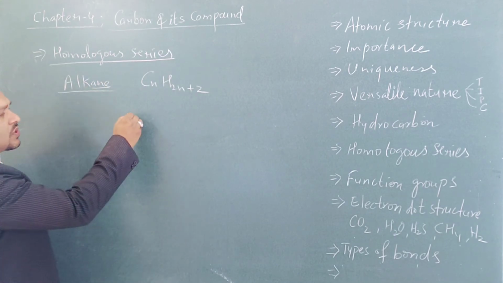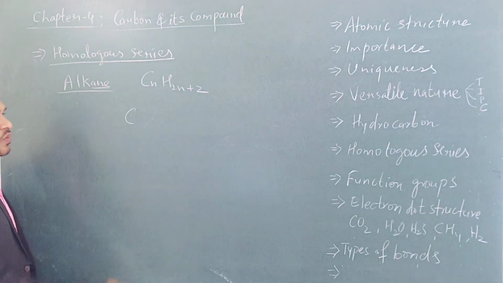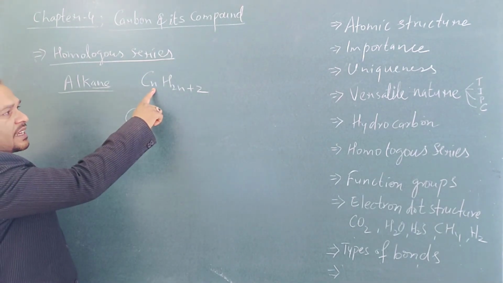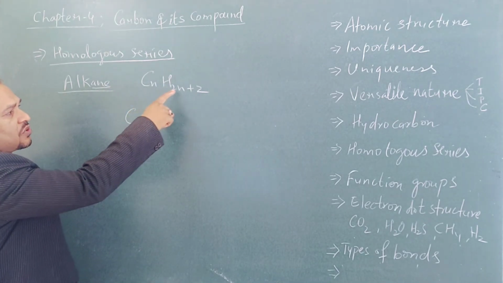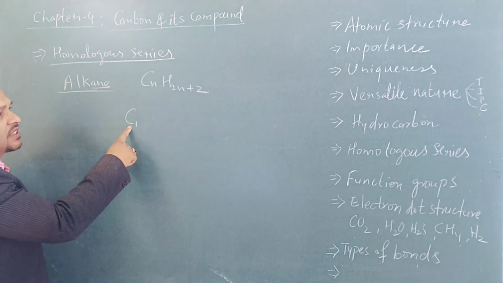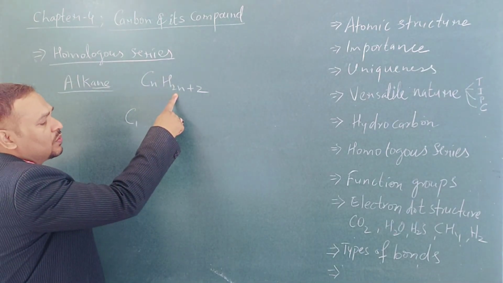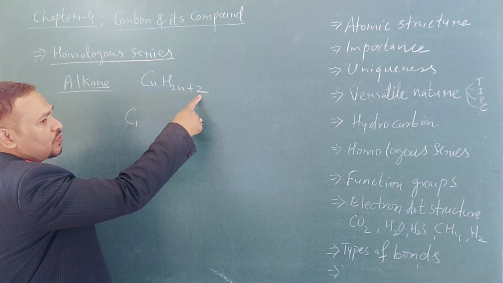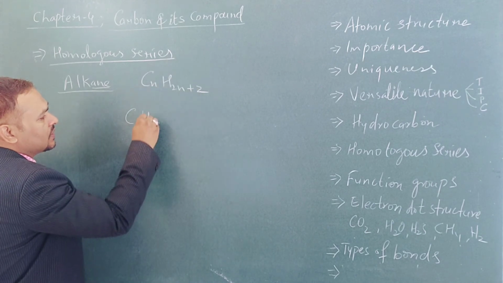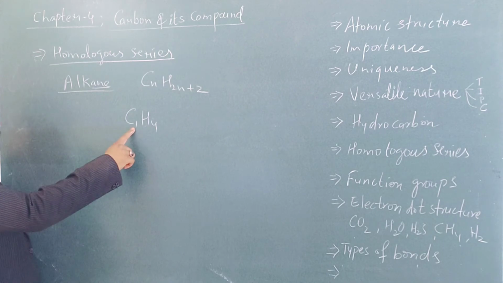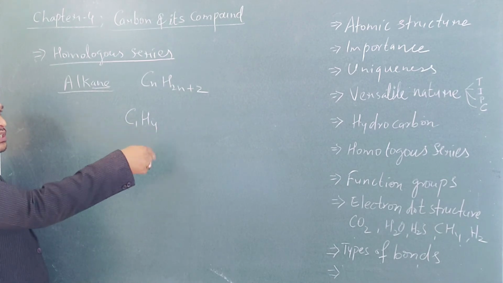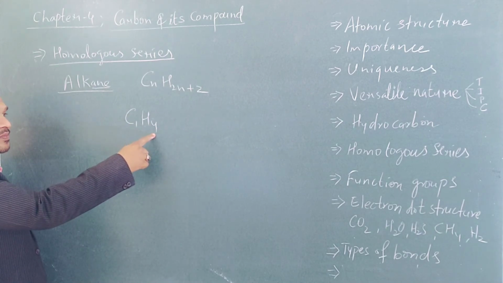See, if suppose carbon is 1, there is 1 carbon, then hydrogen will be CnH2n+2, यानी डबल, तो कितना हो जाएगा? कार्बन एक है तो हाइड्रोजन कितना हो जाएगा? डबल, यानी 2, 2 प्लस 2 कितना हो गया? 4, CH4. कार्बन 1 डबल करेंगे 2 प्लस 2 करेंगे तो 4 हो जाएगा.